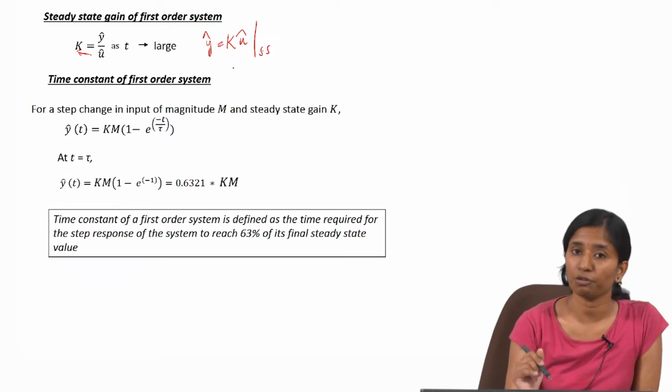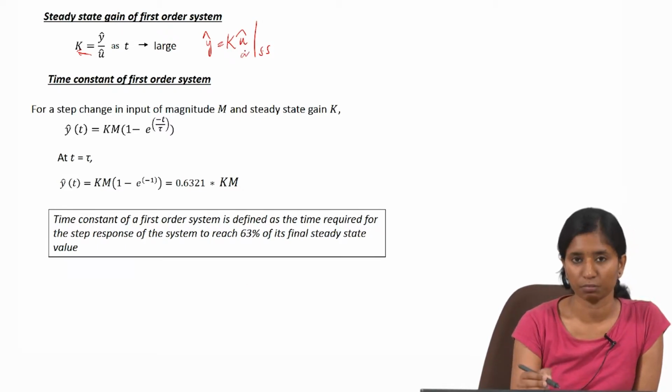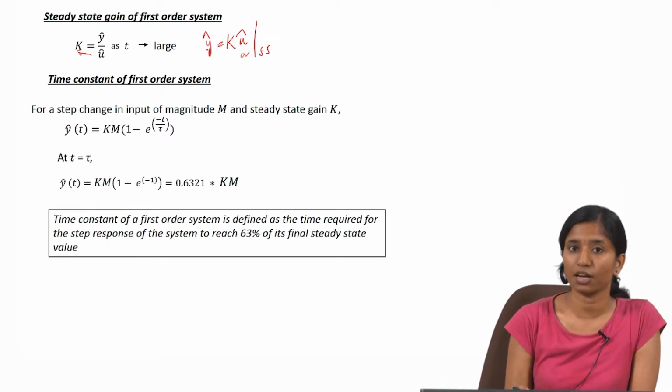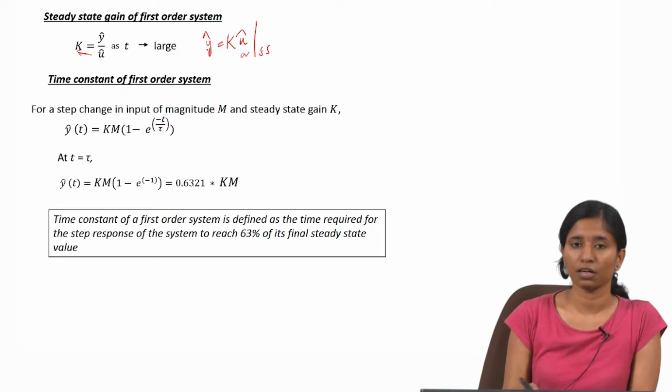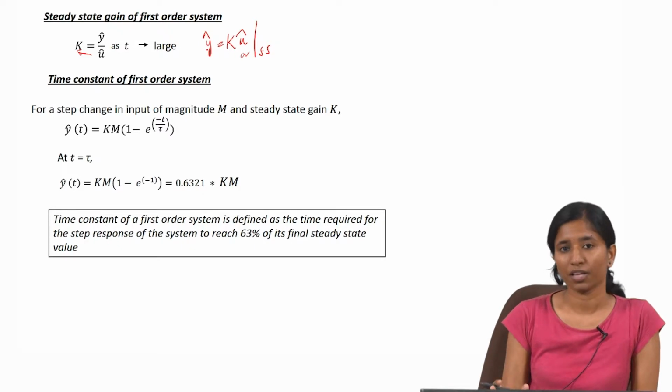If the value of the process gain is very high, then for a small change in input, the change in output will be very high and prominent, and the system will be very sensitive in that case. But if the process gain is very small, then for small changes in input, the output change will not be that prominent.